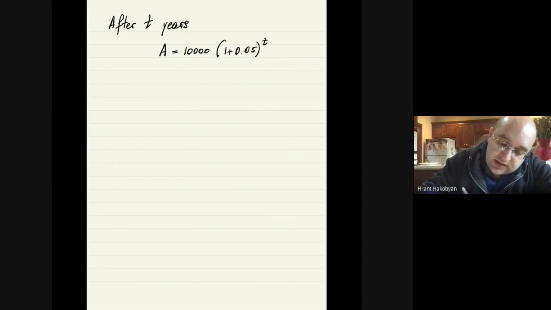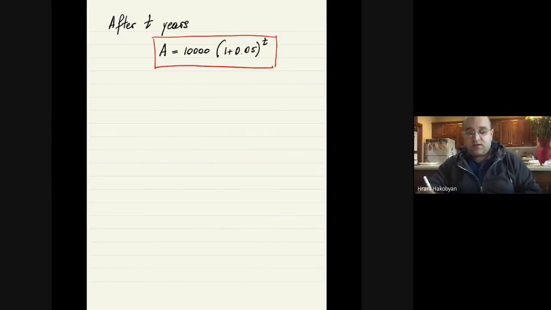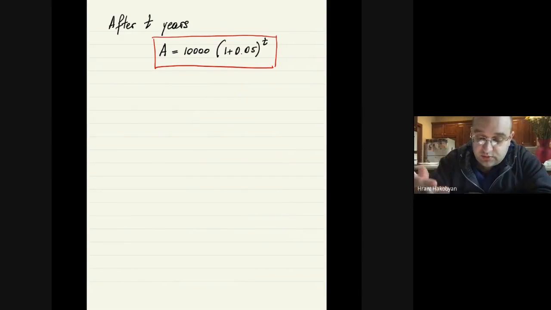Okay, so that is the amount of money in the bank account after t years. So if you wait 1 year, it will be just 1 instead of t. If you do 2 years, then you will have 2.